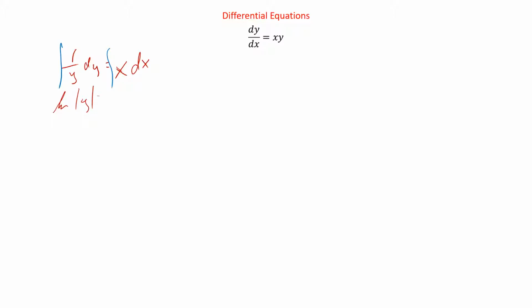So we have natural log y equals the antiderivative of x, which is 1/2 x squared plus c. That would get us 2 or 3 more of those 5 or 6 points that I was talking about.